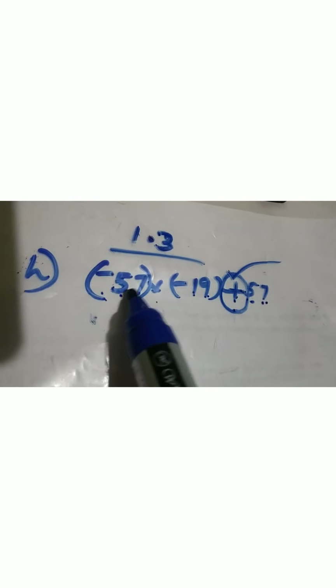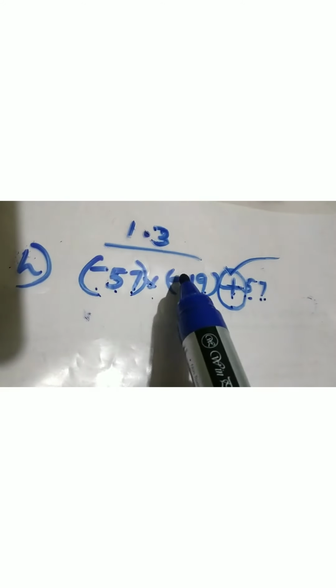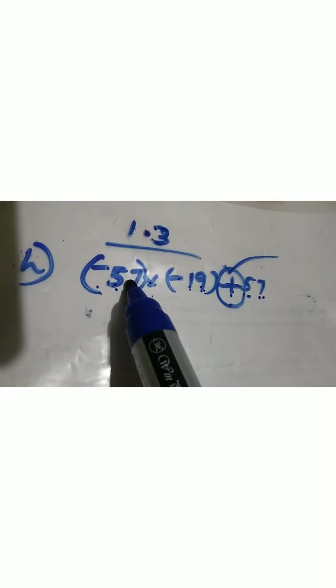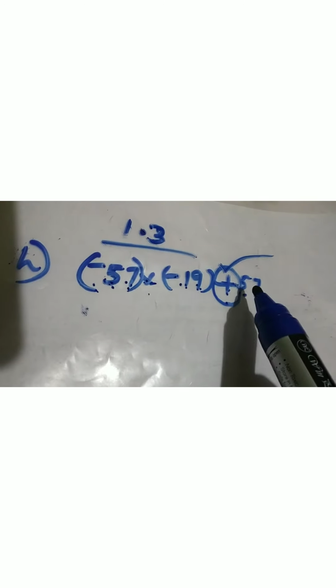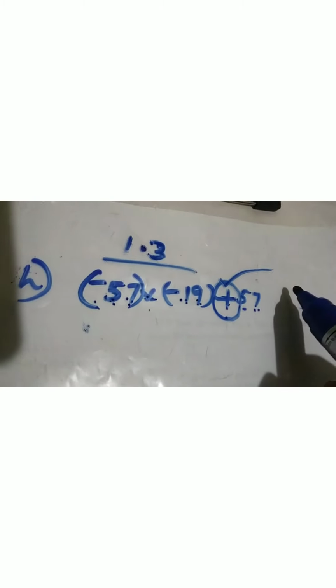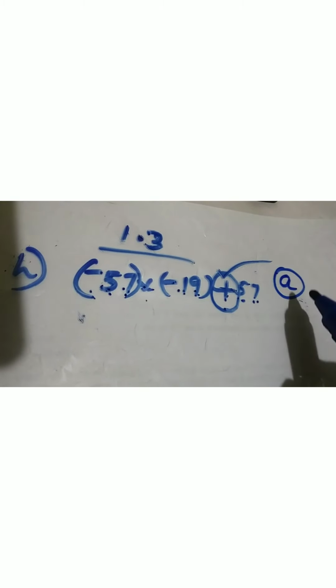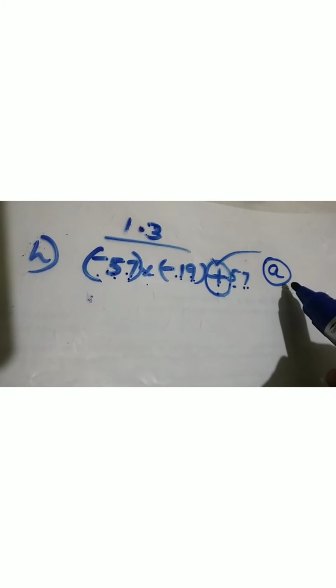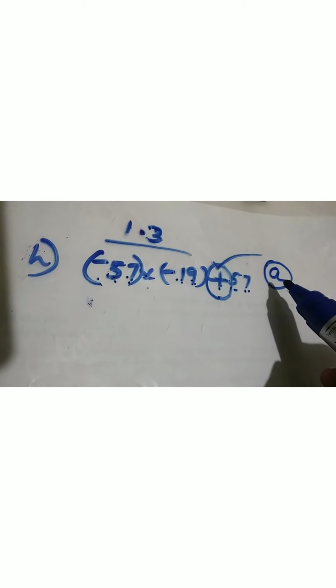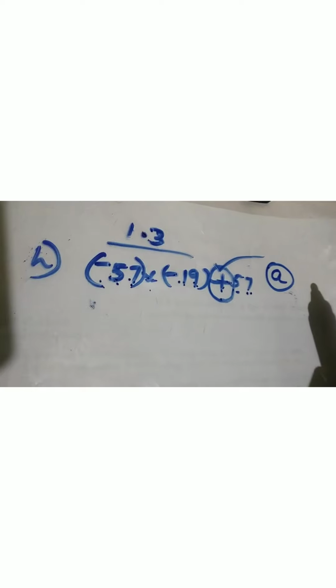Here negative 57 multiplied by negative 19. But if it was 57 into negative 19, that will be easy for us to identify the variable A. Variable A, B, C are variables. Okay. That means A, B or C can receive any values.